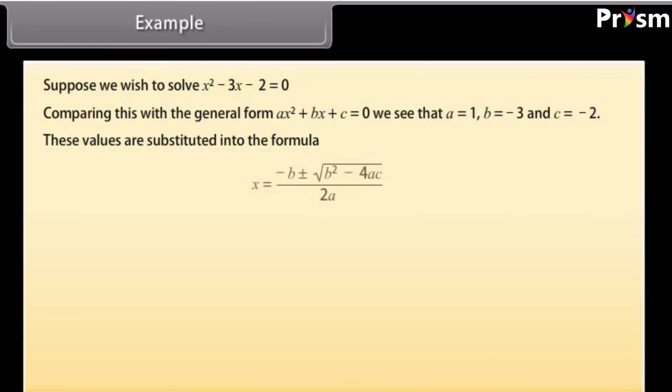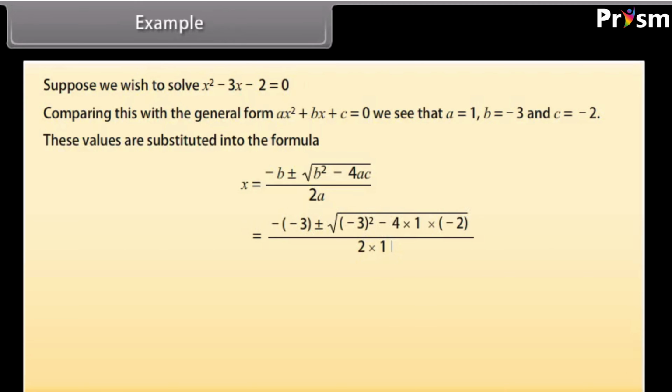It becomes x = (−b ± √(b² − 4ac)) / 2a, which is equal to (−(−3) ± √((−3)² − 4 × 1 × (−2))) / (2 × 1). By calculating it, we get (3 ± √17) / 2.